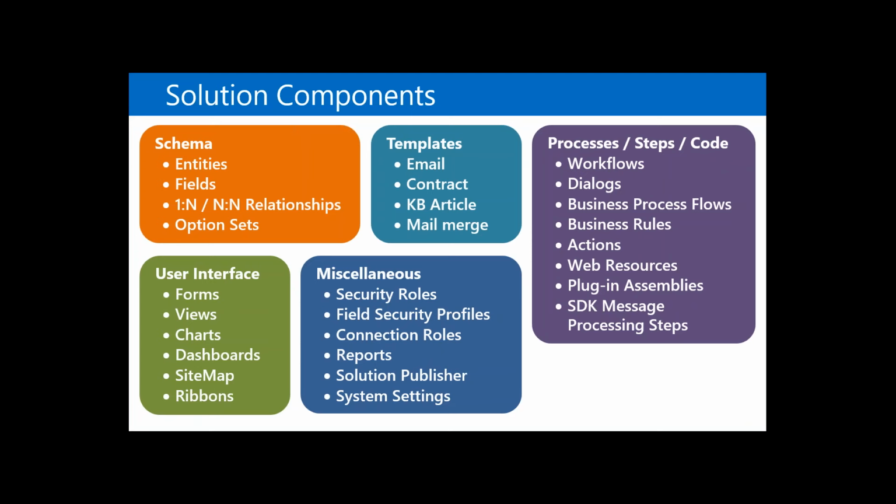And those components are shown in the screen here in terms of providing the database schema, the entities, fields and relationships and option sets that are typically involved, together with any templates, user interface changes, and any unique processes, steps or code that are used as part of expanding or extending the Microsoft CRM solution or application for a particular vertical or horizontal solution.